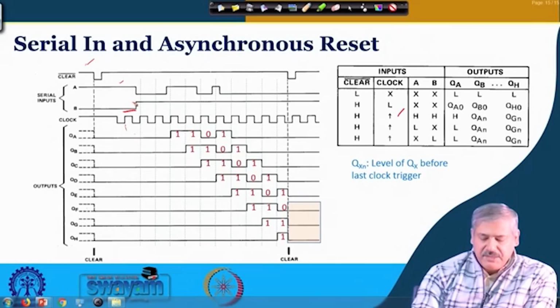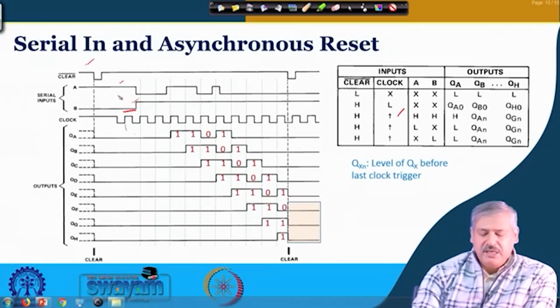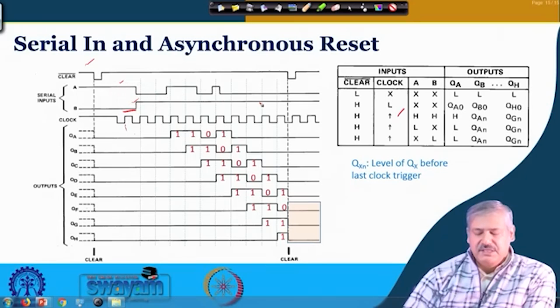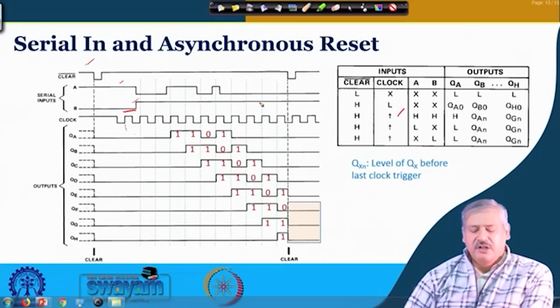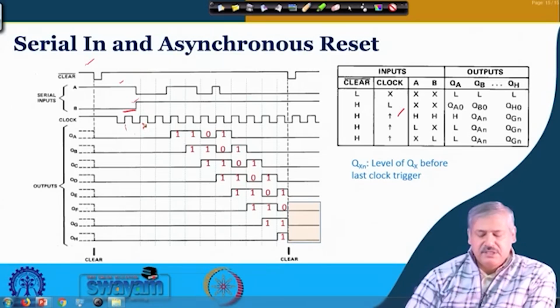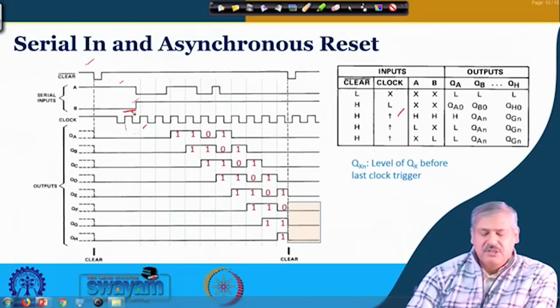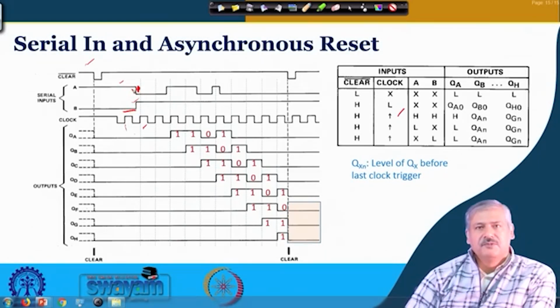When B becomes high, the control input becomes high, then whatever is the change in A, that can go to the flip flops serially one after another. We can see this is one positive edge, and after the clock, control input B has become high, and at that time at this edge the value over here is 0 for A.